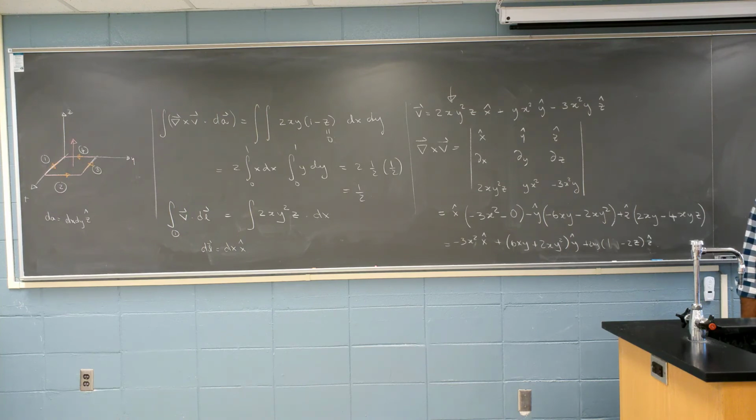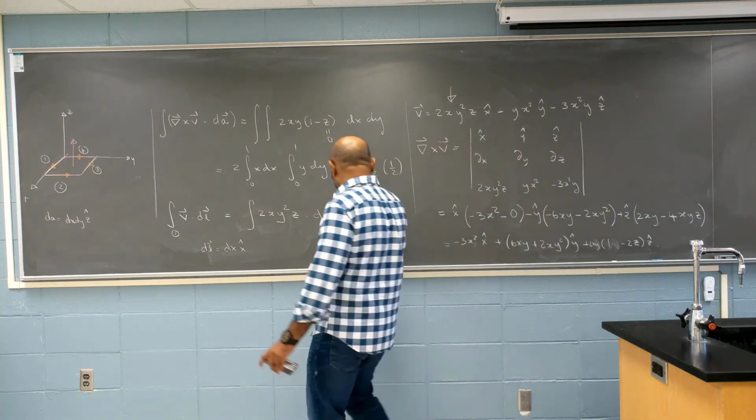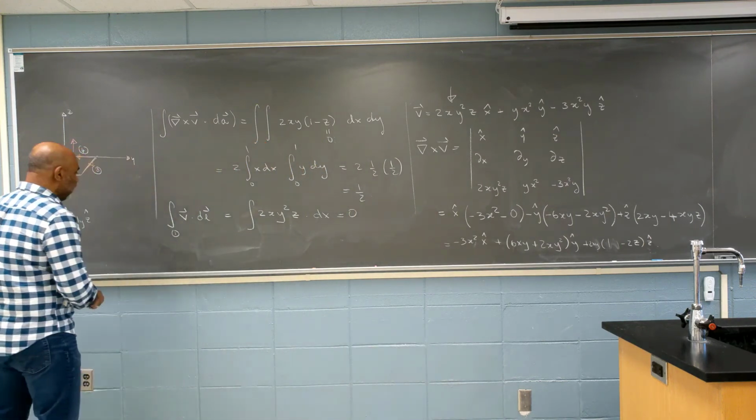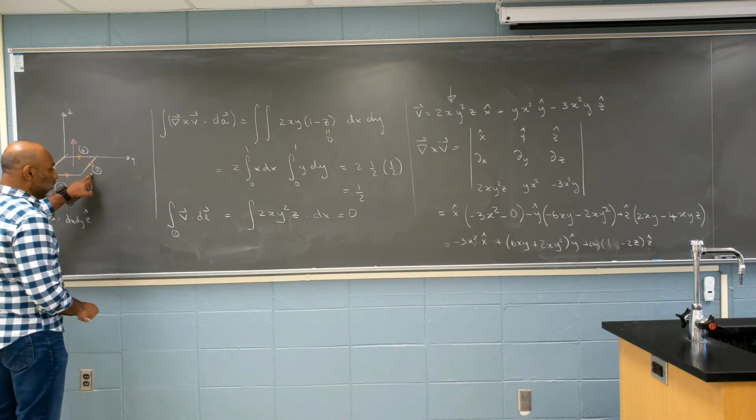Where's my Stokes example? I'm sorry? It is 0, right? Yeah, that's what I like. Oh, it is 0. Good. What does that mean? What is this one going to be?